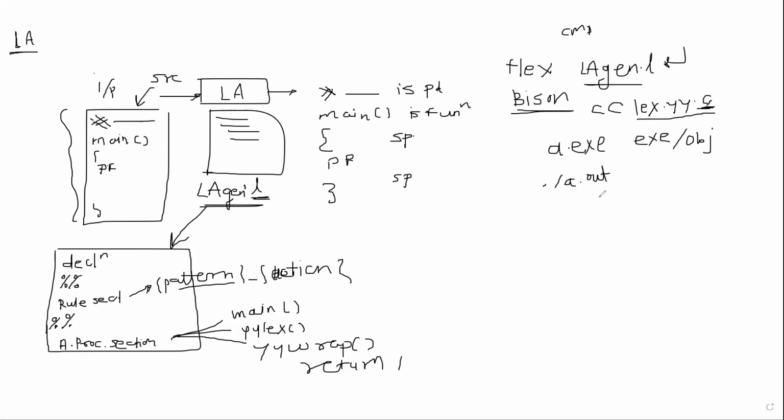This is the name of the file generated after performing the C compilation. So this object file is ./a.out, and the executable file is a.exe. Then for this ./a.out, I will pass this source program. After ./a.out or a.exe, I have to specify the name of the file as source.c.